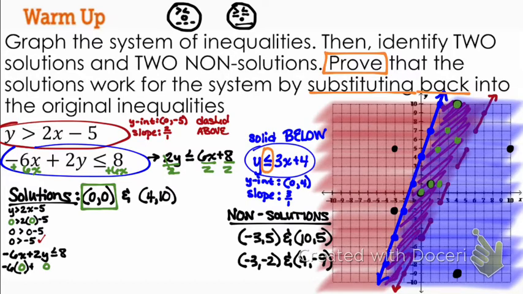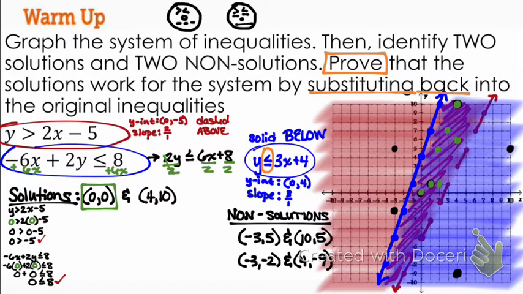Recopy everything else. What's negative 6 times 0? 0. What's 2 times 0? 0. Less than or equal to 8. What's 0 plus 0? Is 0 less than 8? Yes. So 0, 0 works. We saw this on the graph, and we proved it algebraically.